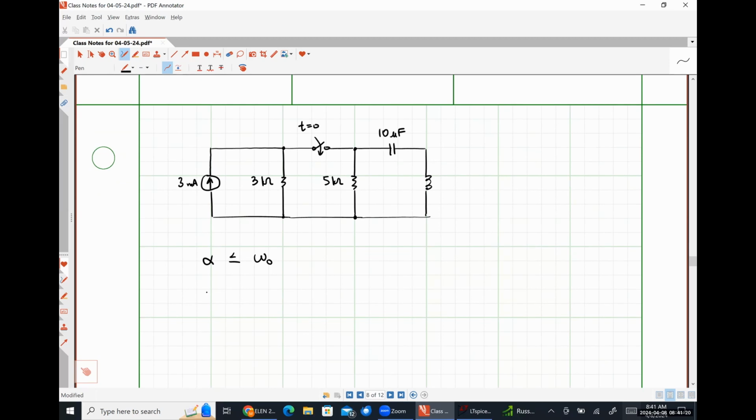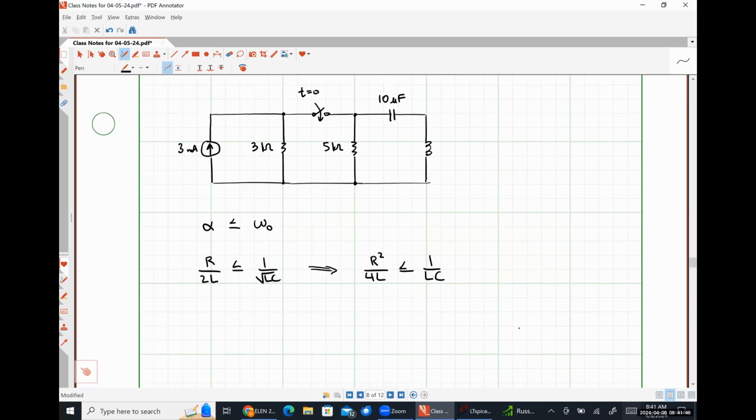Alpha is R over 2L, and omega naught is 1 over the square root of LC. So we could say that R squared over 4L must be less than or equal to 1 over LC. We're trying to figure out what L is, which might be slightly problematic here, but we'll make it work.